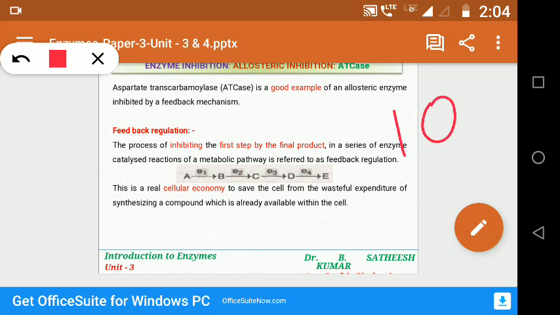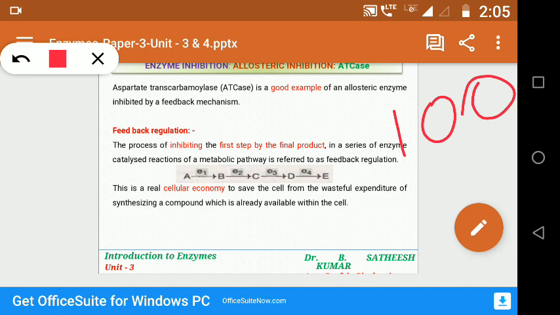Once the amino acid concentration reaches the required saturation level, then the metabolic pathway must be stopped. Otherwise, it will continuously synthesize and waste the cellular energy for the production of this amino acid.